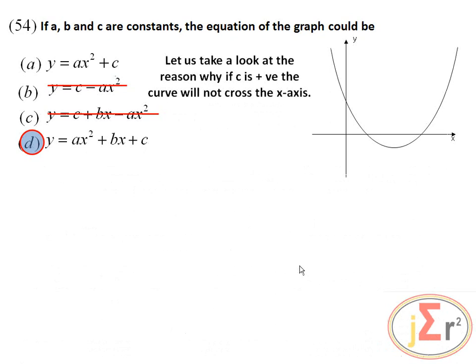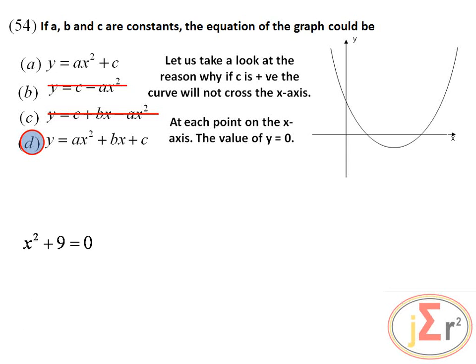Let us take a look at the reason why, if c is positive, the curve will not cross the x-axis. At each point on the x-axis, the value of y is equal to 0. We are assuming that the value of a, the coefficient of x squared, is 1, and that the value of c is 9.